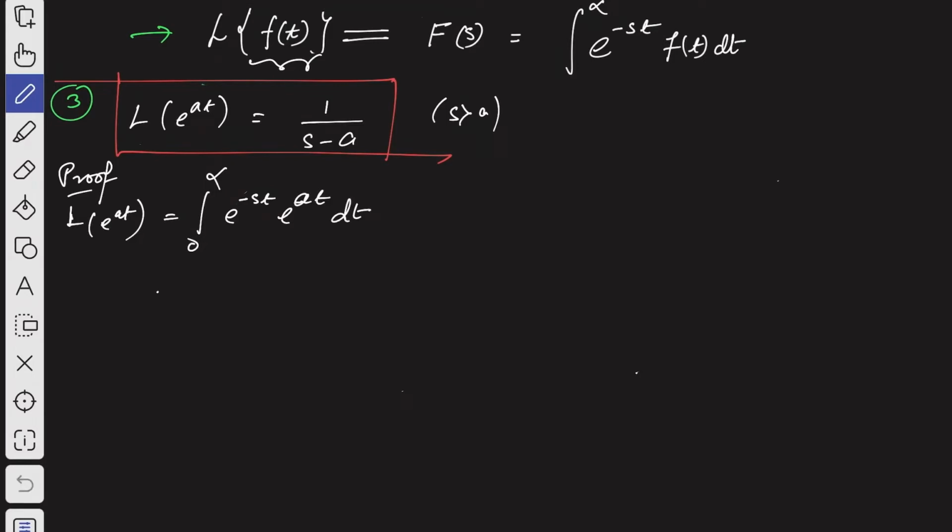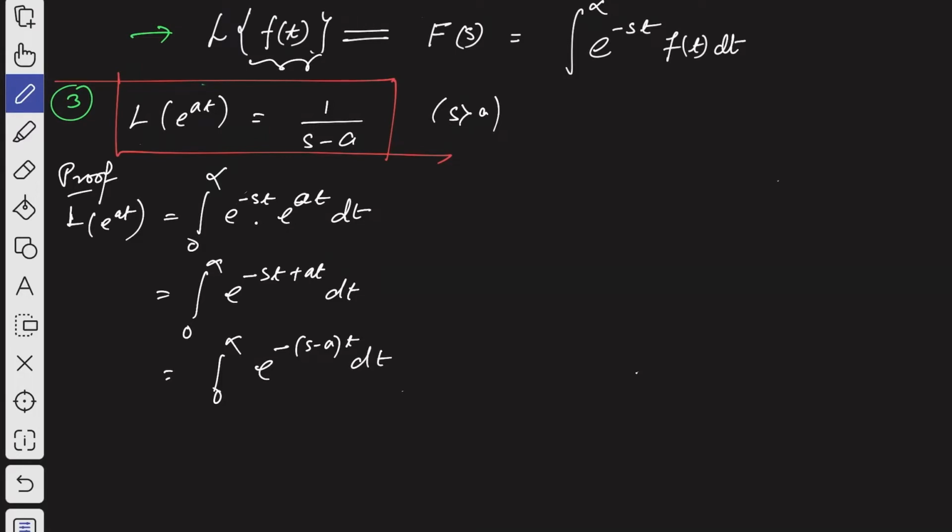Now here if you multiply e to the power minus st and e to the power at, then it must give e to the power minus st plus at, right, dt. Then let us take minus t as common. Then what you will get, 0 to infinity e to the power minus s minus a into t dt. That's what you will get.